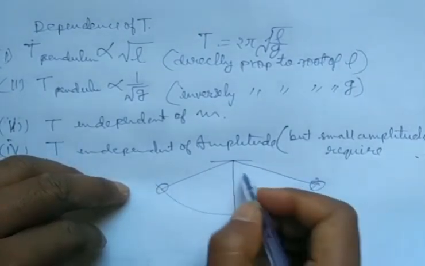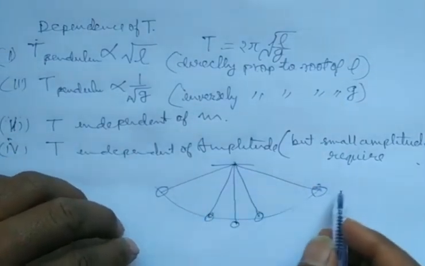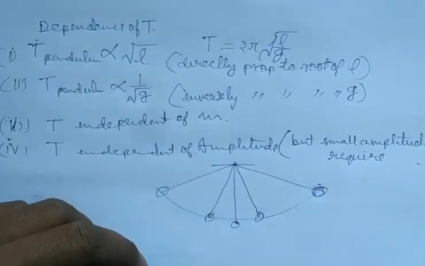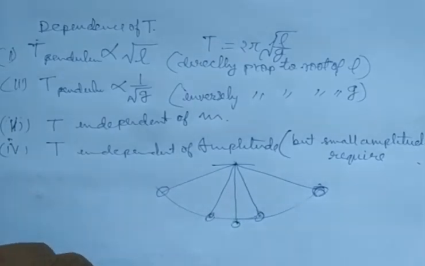Not like this. It should be a small oscillation. Otherwise air will affect its oscillation and it will not perform with a constant time period. So with a small oscillation, it will perform constant oscillation.